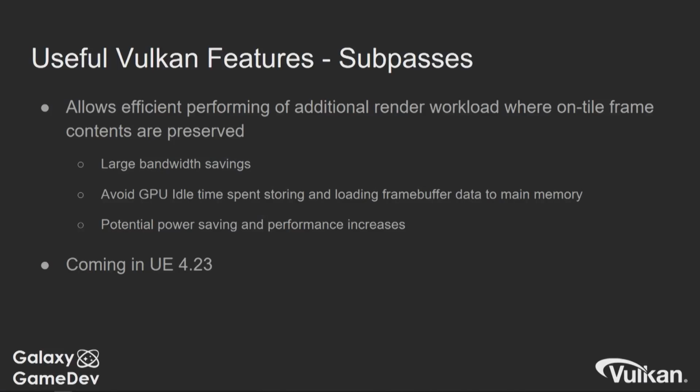What this means is that you kind of have this unnecessary writing back of information, whereas on a tiler, we have the benefit of working on tile, keeping that memory in the local cache, and moving straight onto the next pass for that given workload. So in this case, we can do the transparency pass on tile straight after doing the previous pass without having to write any data back to main memory. This results in a pretty significant saving in bandwidth and a proportional saving in both power and performance.